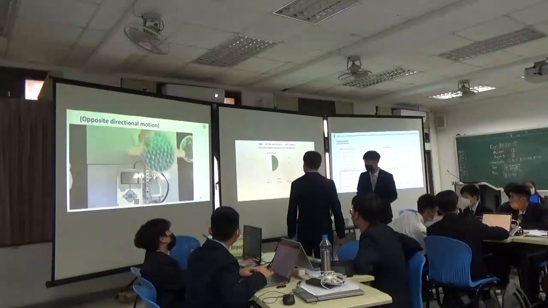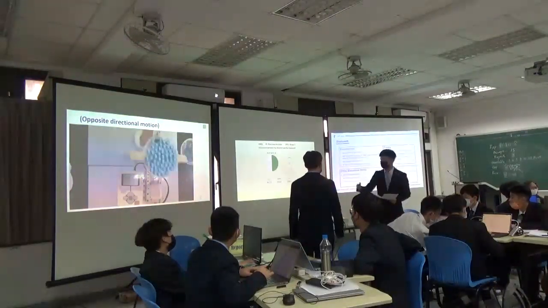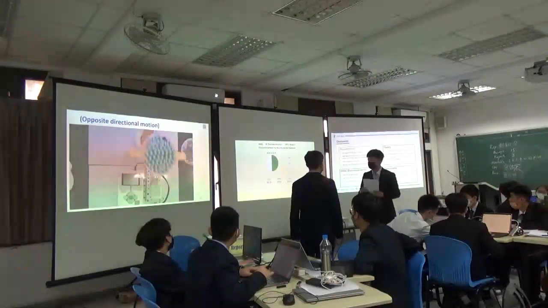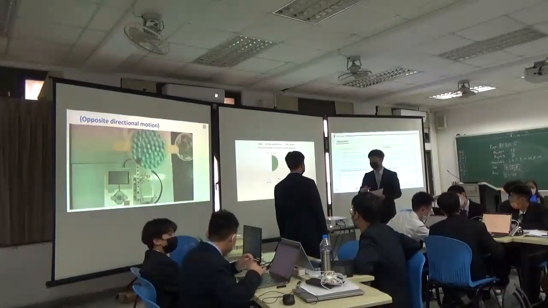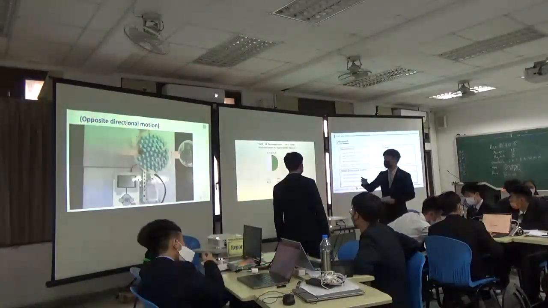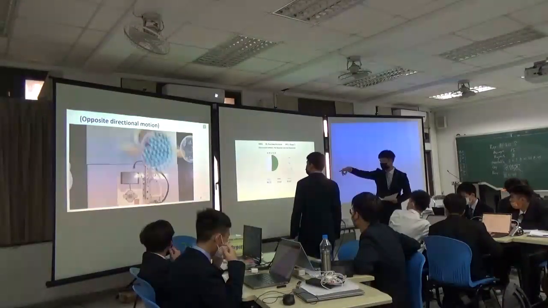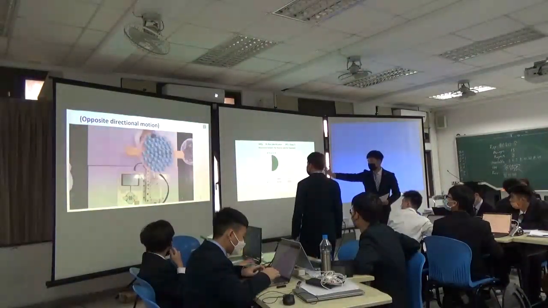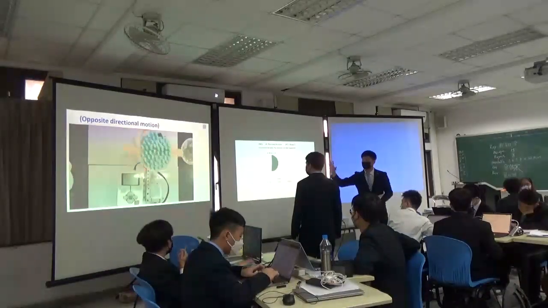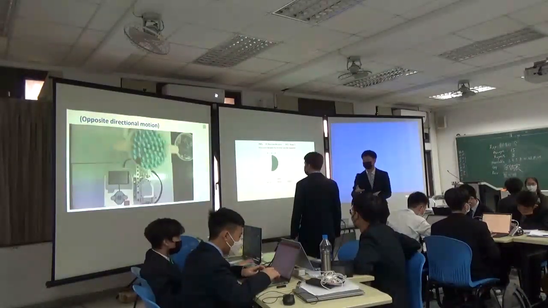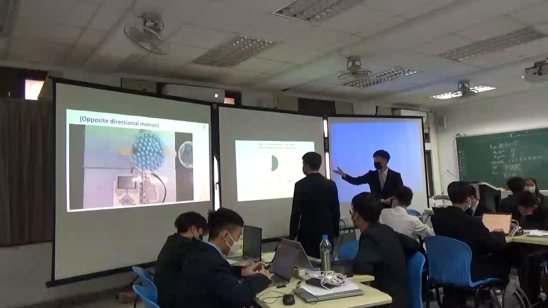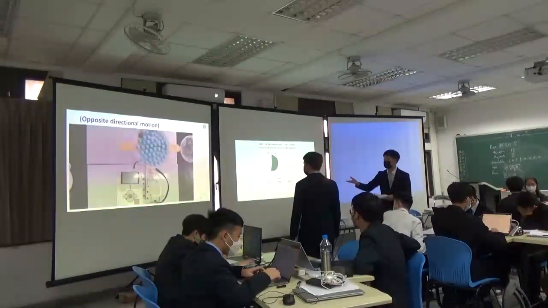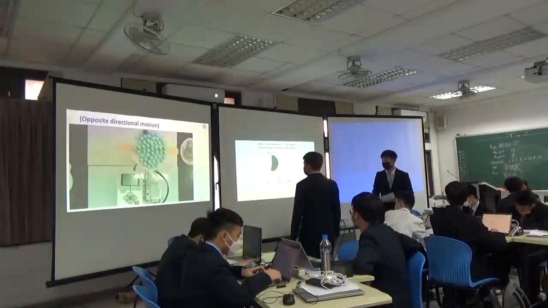Okay, so because you have already turned to this page, I'm going to discuss this with you. As we discussed previously, we've seen that there is shaking of your camera, right? Yes. So do you think that if your camera was shaking and you use the tracker to track the marbles in this container, it will affect your experiment result?